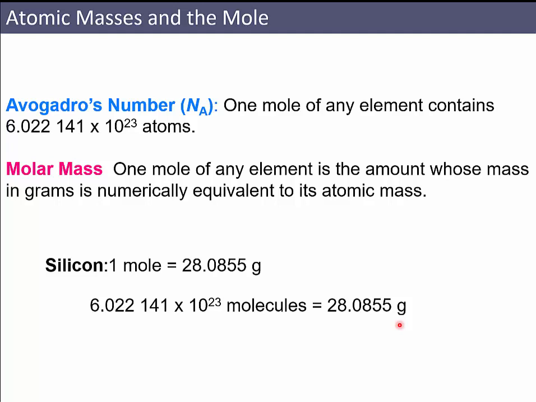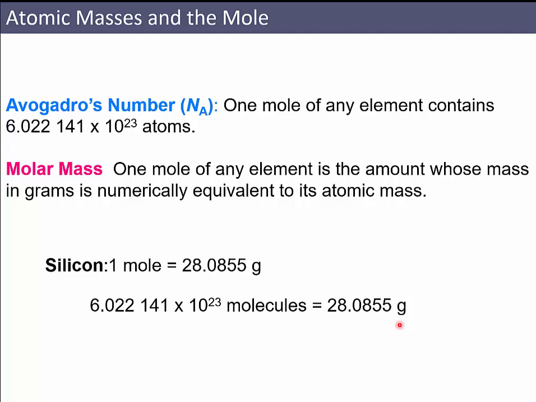They were talking about grams of things, so 18 grams of water, or 150 grams of mercury. So 1 mole of an element is the amount of element whose mass in grams is numerically equal to its atomic mass. So your atomic mass and your moles are related to each other by definition.